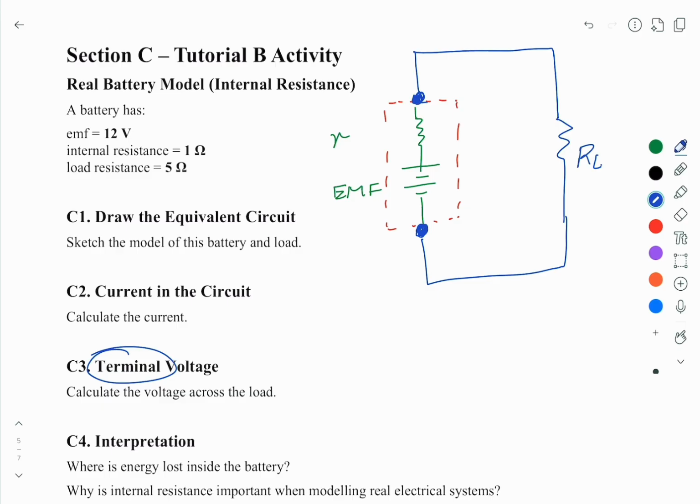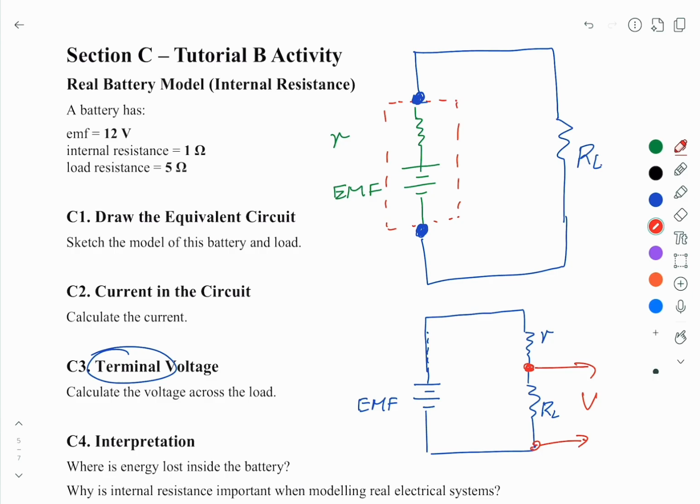Because this is your EMF, and if we draw our internal resistor here, r, and our load, RL, then this voltage is exactly the voltage we measure back here.